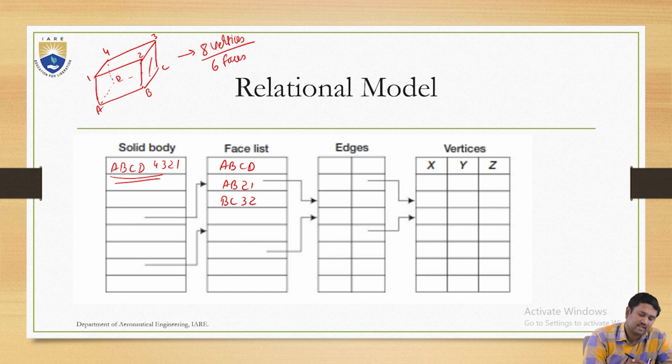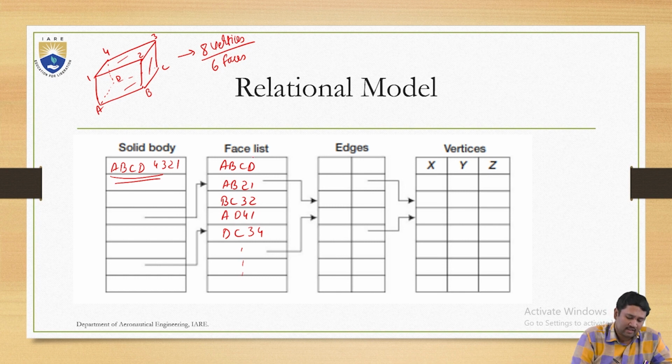This is this face. Next, this face done. A, B, C, D is done. A, D, 4, 1. Next, D, C, 3, 4. These are a few examples. It continues till how many? All the 6 faces are here.